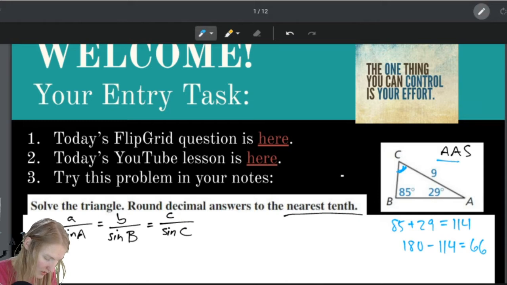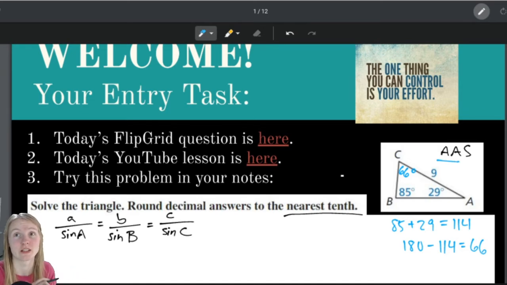So angle C up here is 66 degrees. Fantastic. This is not a right triangle, so I can't use the Pythagorean theorem. I only have one side, so this is all I can do for now, until I plug things into the law of sines right here.